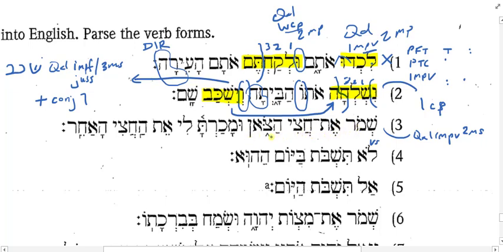Oh, et chatzi hatzon. What's chatzi? Half. Hatzon? The flock. Is this a construct chain? It is. How do I know? Look at that et. Is that the preposition with et, or is that the direct object et? Okay, it's the object marker. What kind of direct objects does it precede?